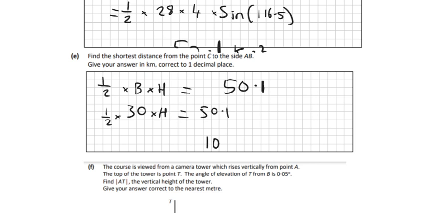If you move the half over, you get 100.2, just timesing it by 2, equal to 30h. And then you can just divide by 30. So you should get 3.3 in the end. They ask you to round it off to one decimal place here as well. So 3.3 kilometers would be what h is. So that has to be the shortest distance then.